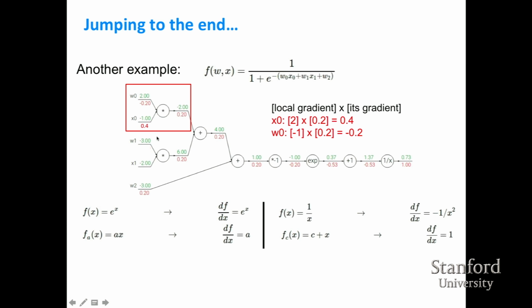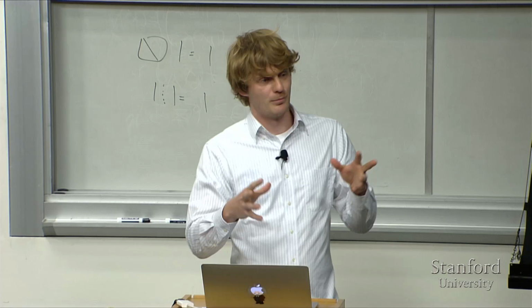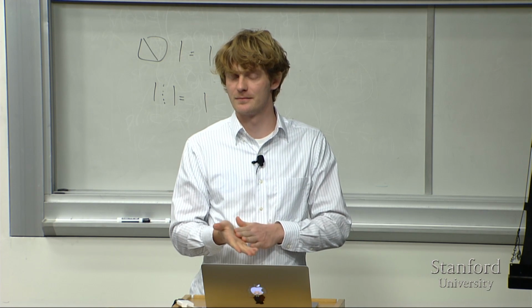And now we have an update for this parameter after we've moved recursively through the circuit all the way to where it was used. And this is essentially the same thing that we've done for the very complex neural network, but one step at a time for a very simple function.